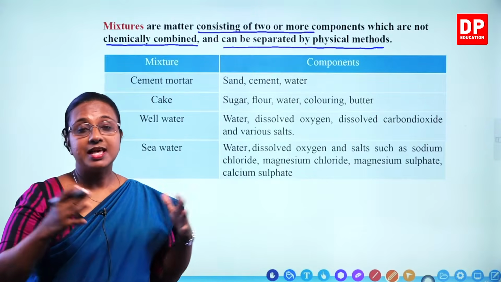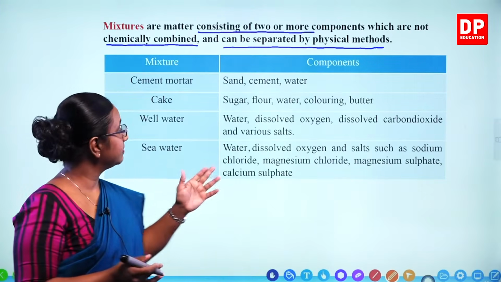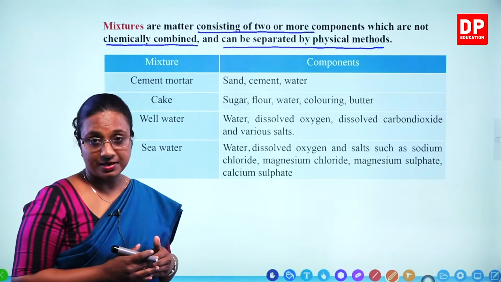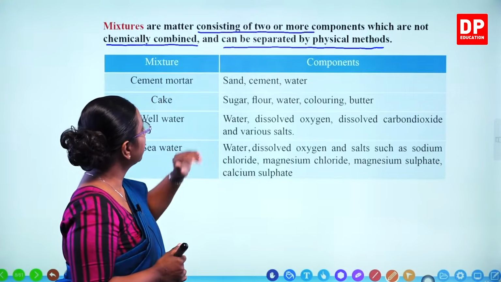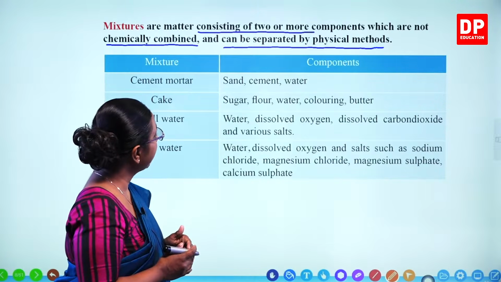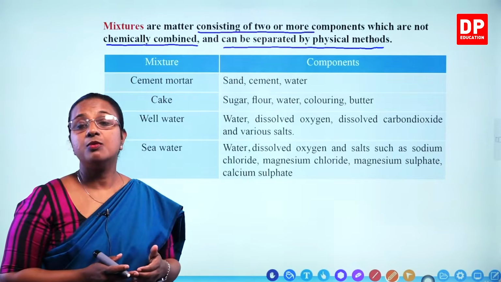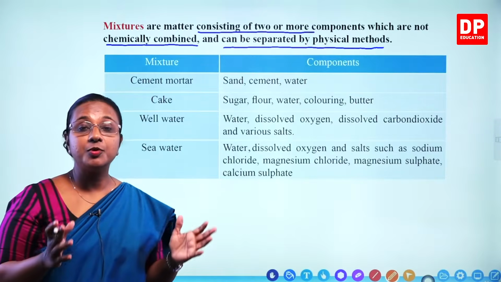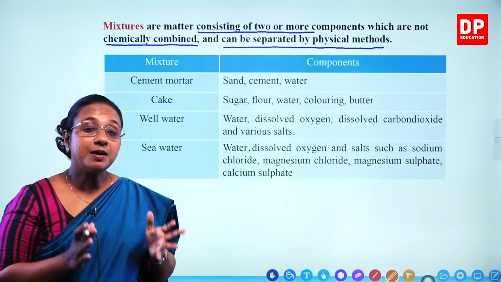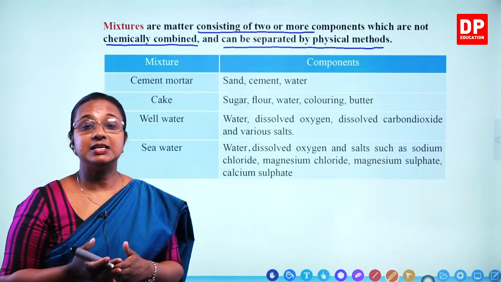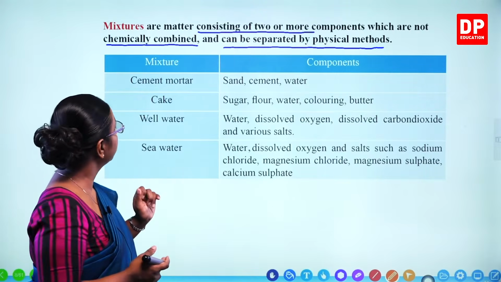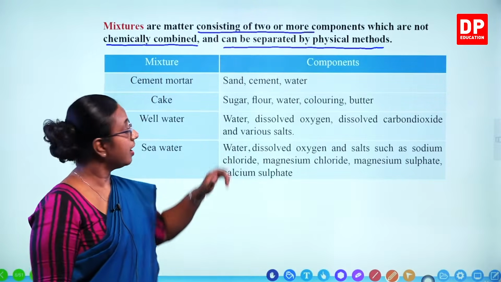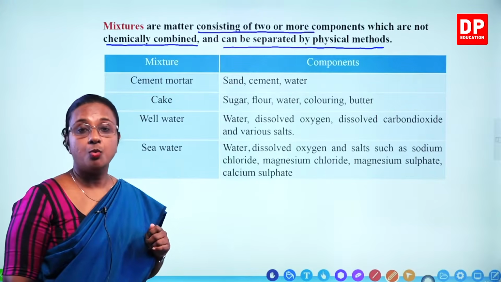The walls and the structure of a building is mainly made with cement. So the cement mortar consists of sand, cement and water. Those are the components. Components are the substances present in a mixture.